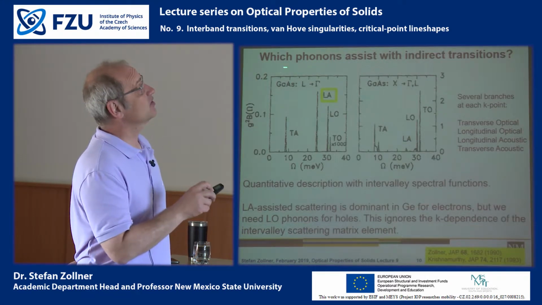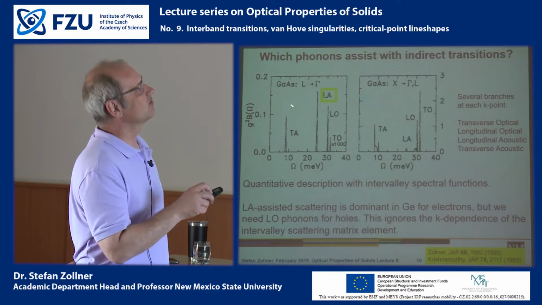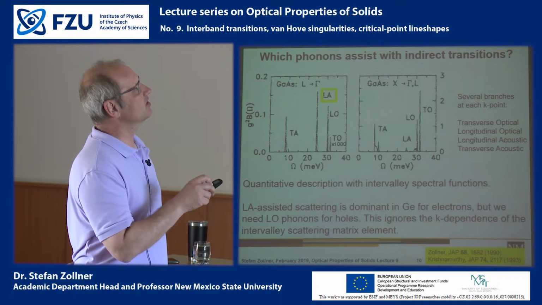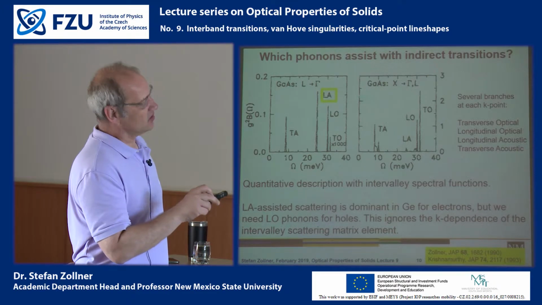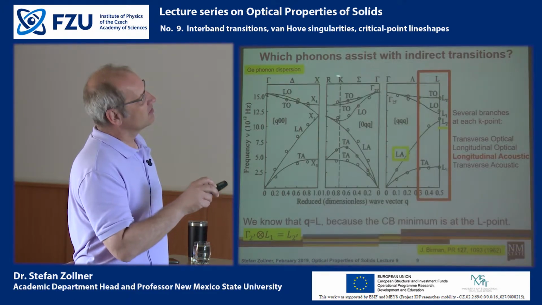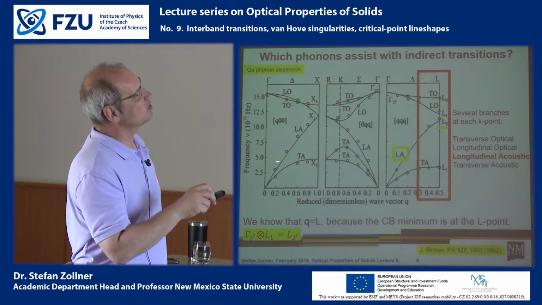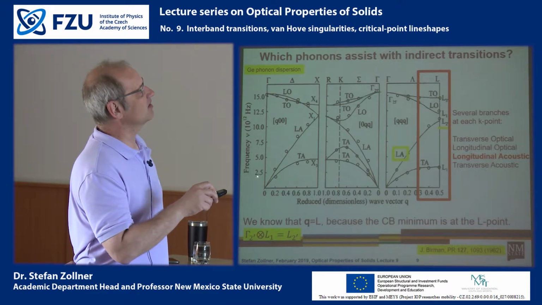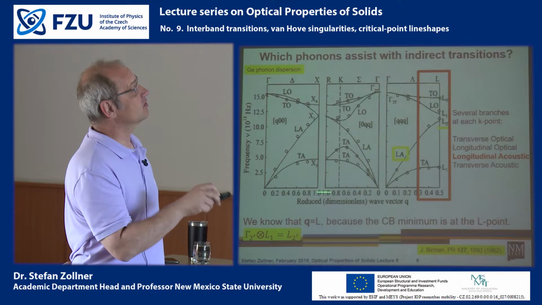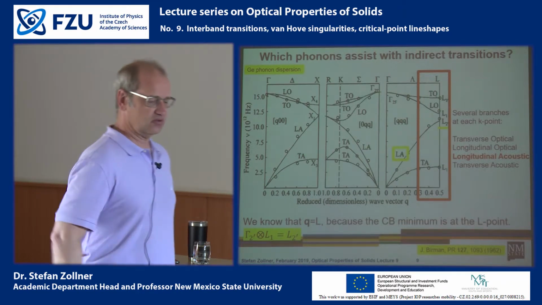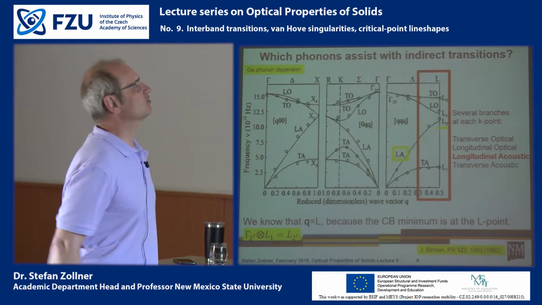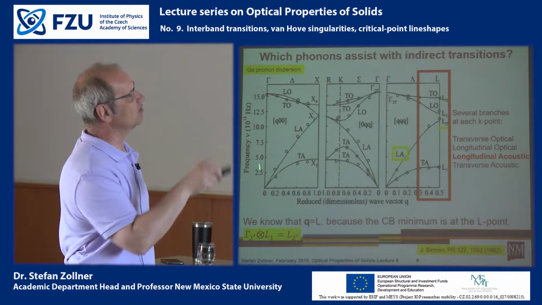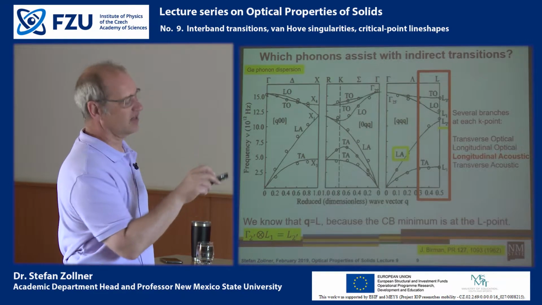And therefore, what people calculate are these intervalley phonon spectral functions. So this is the phonon dispersion relation, and rather than plotting the phonon energy versus wave vector, what we can also do is plot the density of states of the phonons, where we plot how many phonons there are for a given energy.